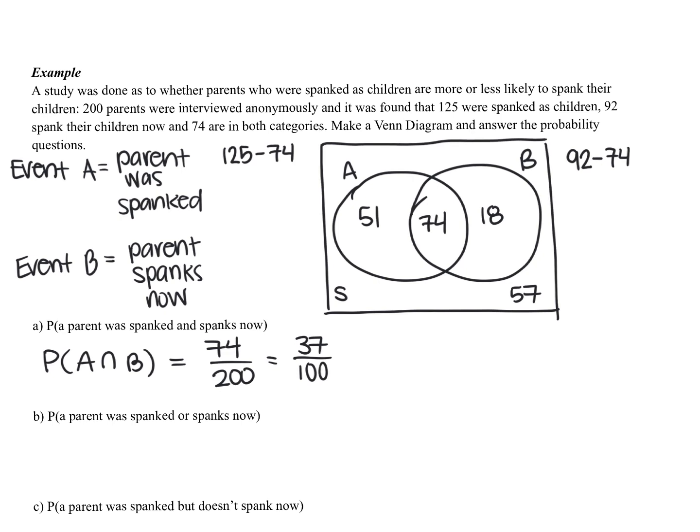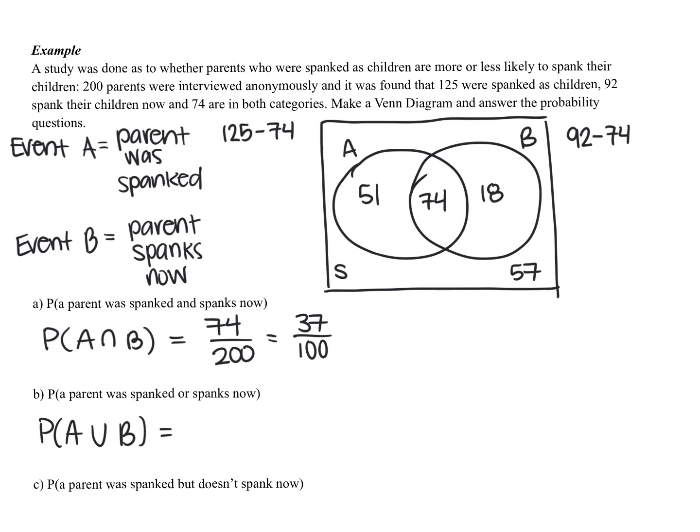The next one I have, a parent was spanked or spanks now. So that's the probability of A or B. This is a little bit easier to do with a Venn diagram because, as we saw when we highlighted, I want everything in A and B. So I do 51 over 200 plus 74 over 200 plus 18 over 200.